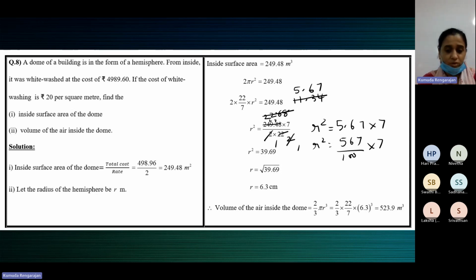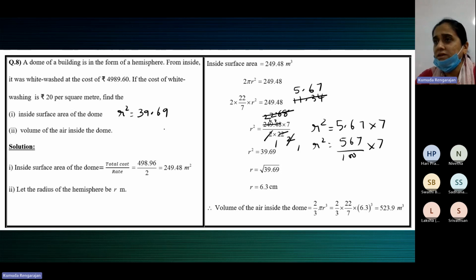I'll tell you different ways of doing this. 567 into 7, I get 3969. I cancelled, I got 5.67 into 7, which you can multiply and you will get 39.69. That's also fine. Now find the square root.